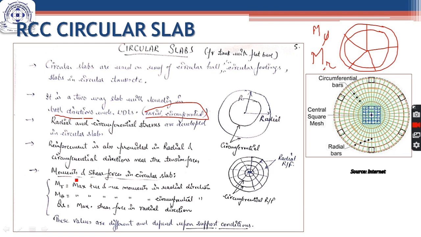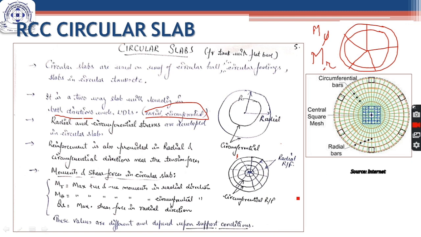So the main thing here is the calculation of these moments M phi or M theta and Mr. So let Mr be the maximum positive and negative moments in radial direction, M theta the maximum positive and negative moments in circumferential direction, and V the maximum shear force in radial direction. As you know, in case of a rectangular two-way slab, according to different support conditions, the value of moments were also changing.